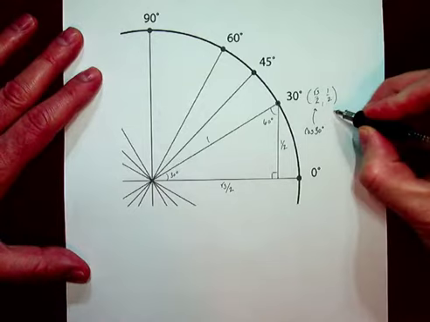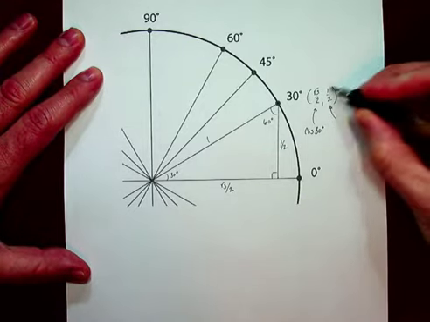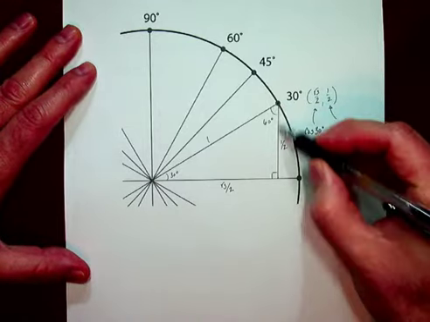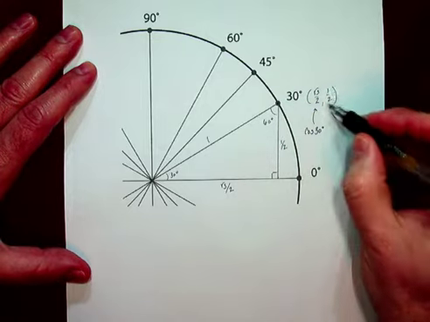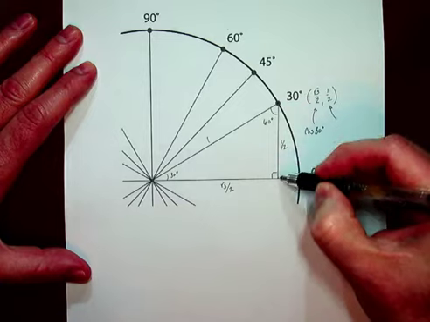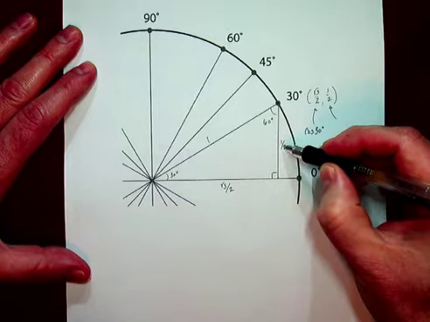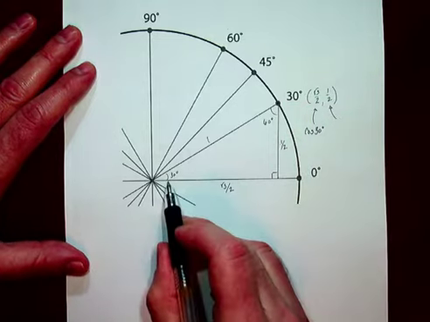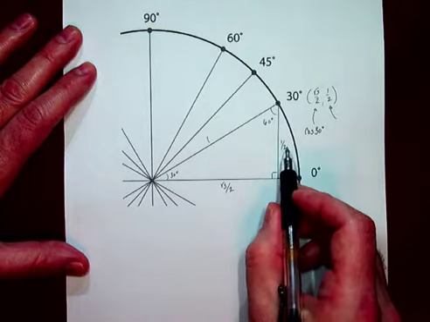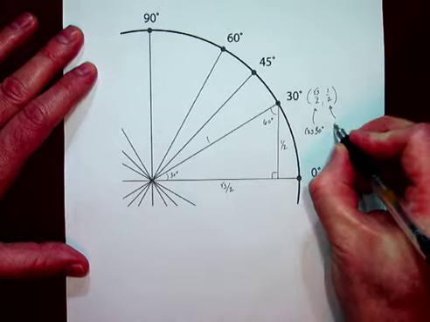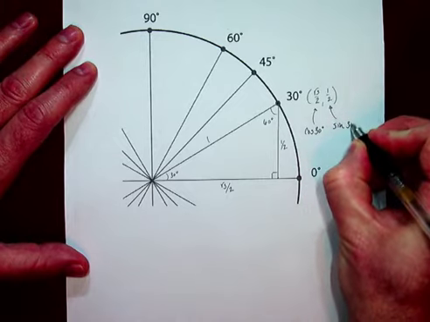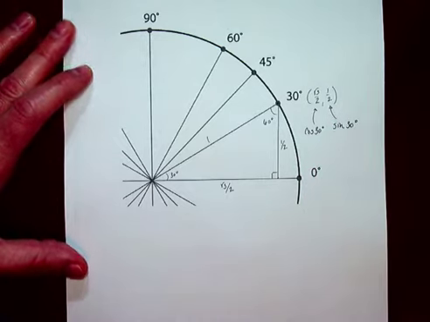And the same is true for this y. We notice that this vertical distance is that right there, but it is also the opposite side of the triangle from this 30-degree angle measurement, and opposite over hypotenuse is 1/2 over 1, which is why we get sine of 30 degrees.